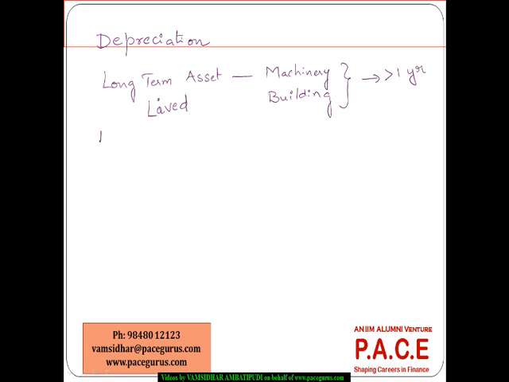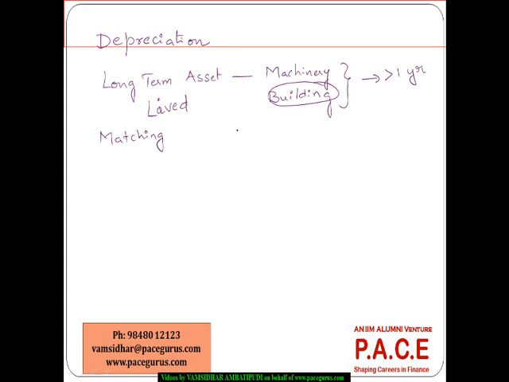So even in those cases, to a large extent, we look at going ahead with some kind of a matching principle, because they are used for the purpose of business and they will generate the revenues for the business for more than one financial year. I don't want to treat the cost of the entire building as a part of the first year's expense itself, because this building will be used over 20 years for the same business.